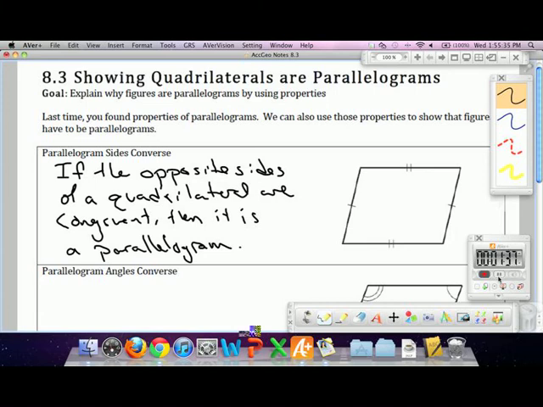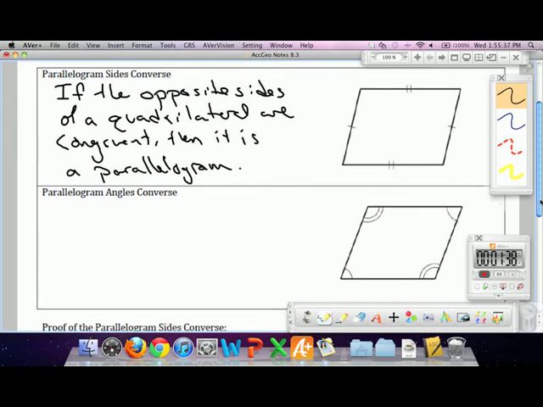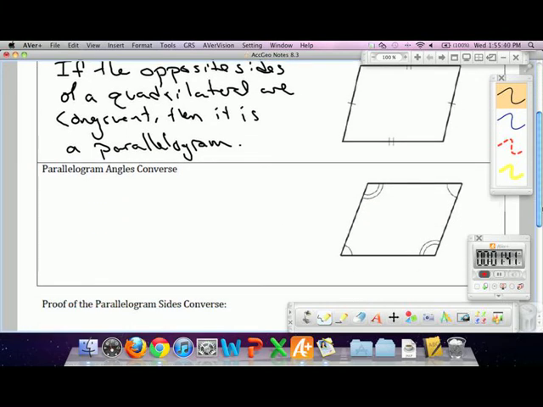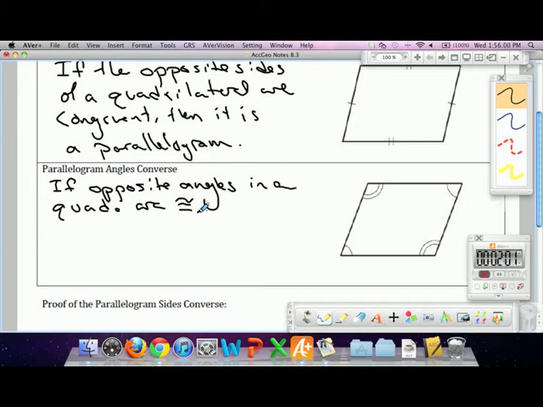Similarly, the converse of that other theorem from yesterday is also true. So if opposite angles in a quadrilateral, I'll abbreviate it for you, are congruent, then the figure is a parallelogram.